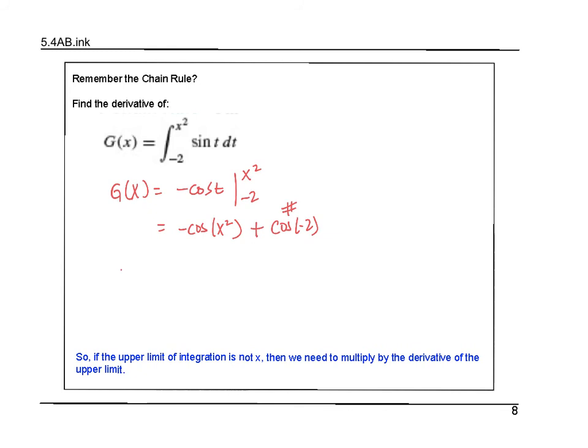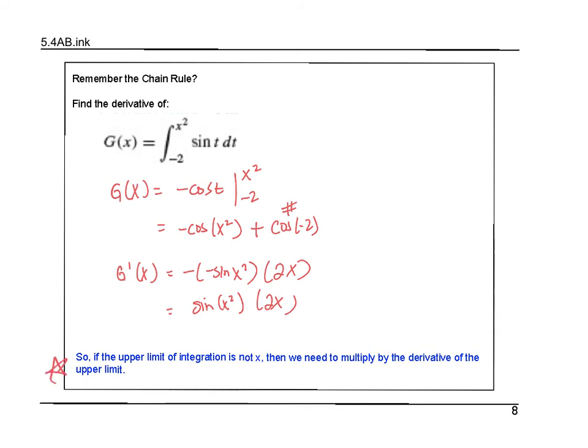So now if I derive this, when I derive the negative cosine of x squared, I need my chain rule. So I have a negative already. Cosine derives to negative sine times inner prime, times 2x. So my result is sine of x squared times 2x. That number, that cosine of negative 2, went to 0.